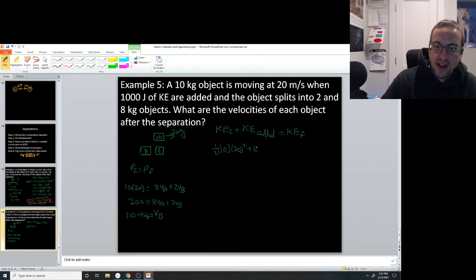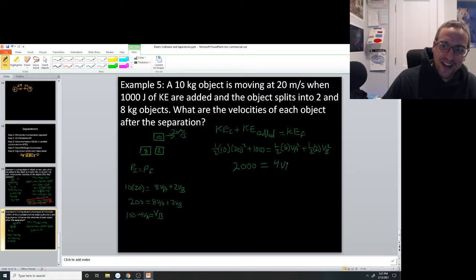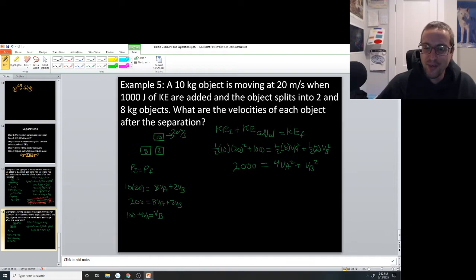Kinetic energy added is 1,000, equals 1/2 8 VA squared plus 1/2 2 VB squared. 2,000 equals 4 VA squared plus, no, sorry, we don't need the 1/2, plus VB squared. Now we could substitute this in, and you can already hopefully tell this is going to get just nasty.